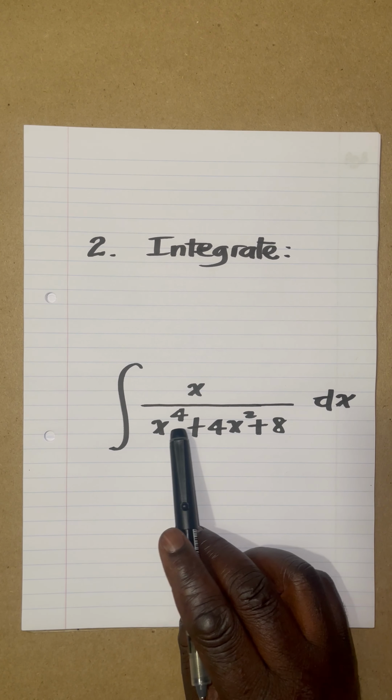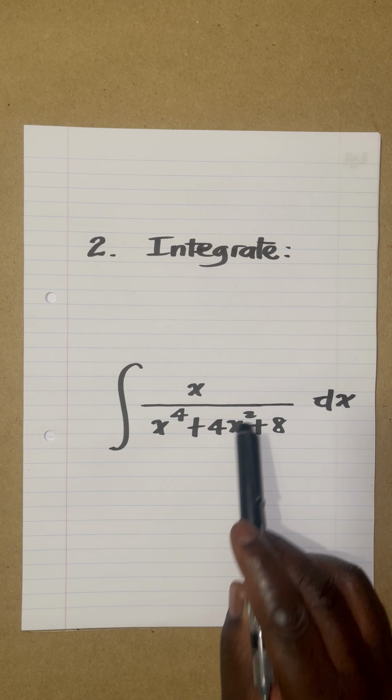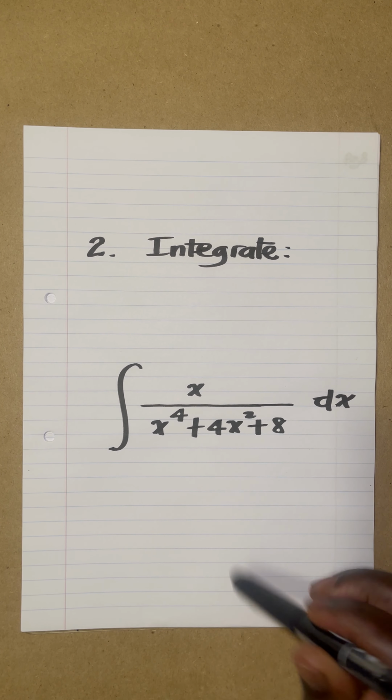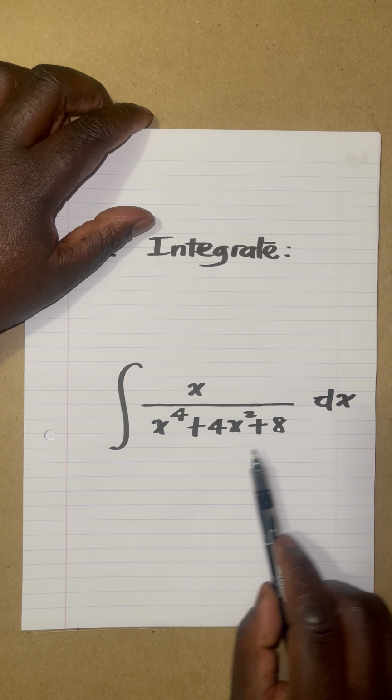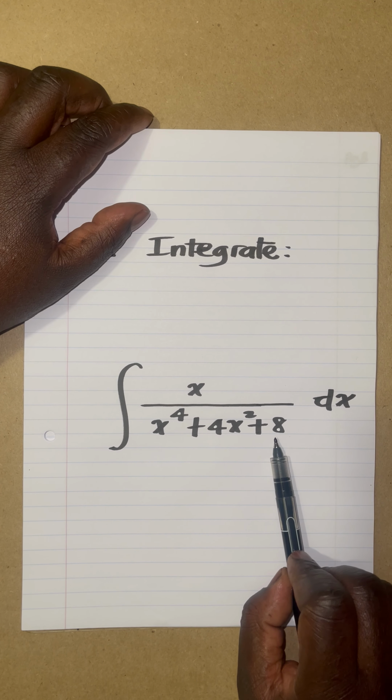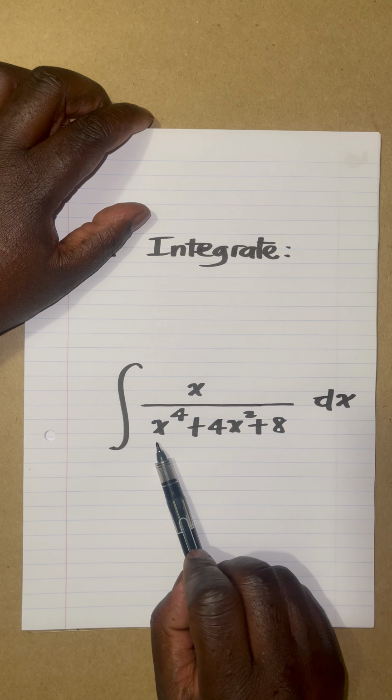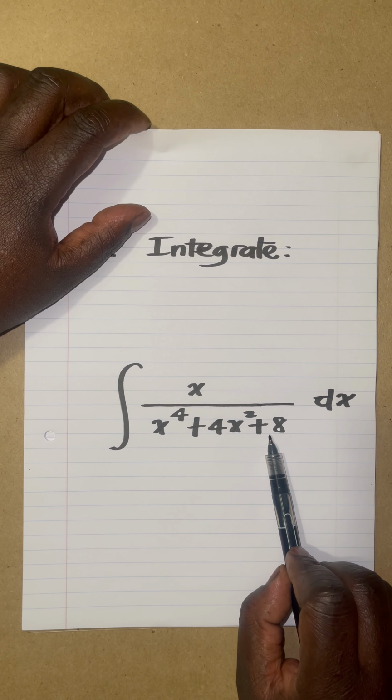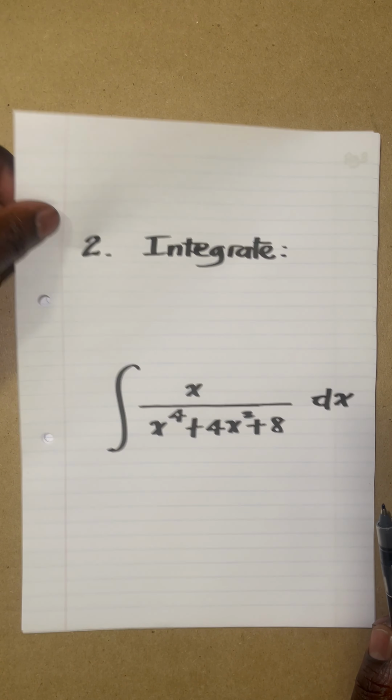Now looking at the power 4 and the power 2 here and 4 there, it should allow us to break this 8 into 4 plus 4, so that we have x to the power 4 plus 4x squared plus 4, which can be factorized as follows.